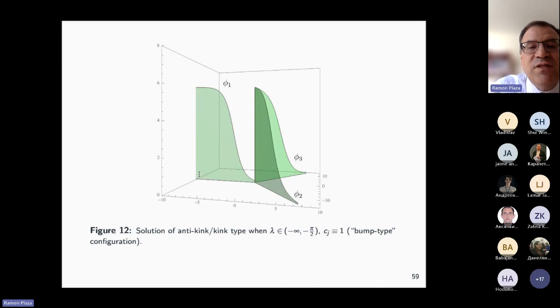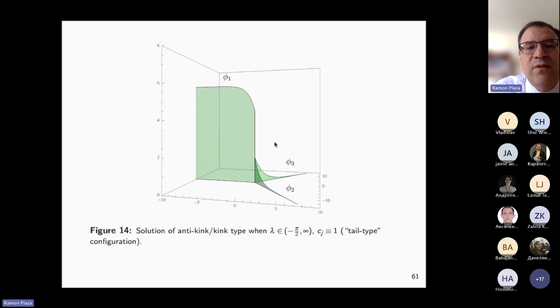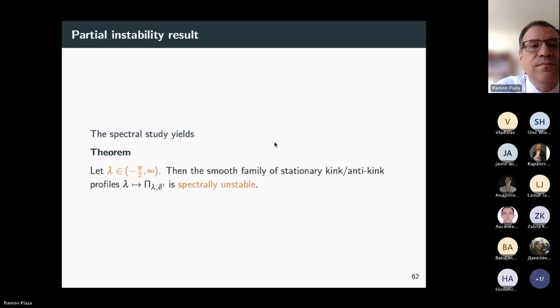And then you have, for example, these configurations: an anti-kink arriving in a non-continuous way for the phase, but continuous for the flux, coupled with two kinks, and the same with the other parameter values for lambda. The spectral study yields that these solutions are also spectrally unstable.